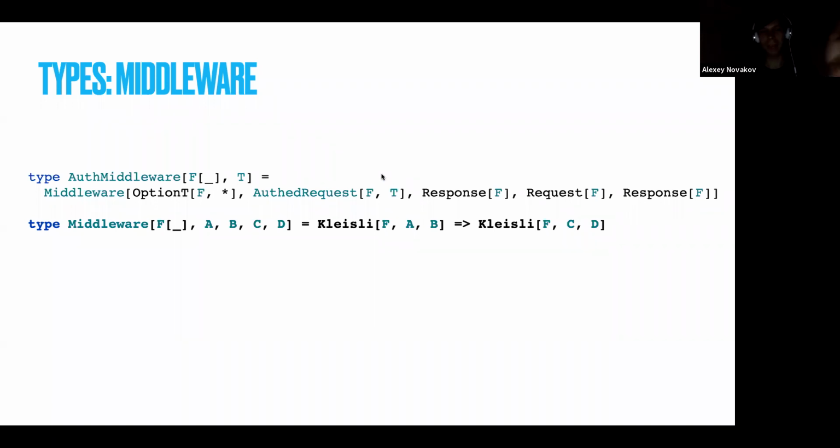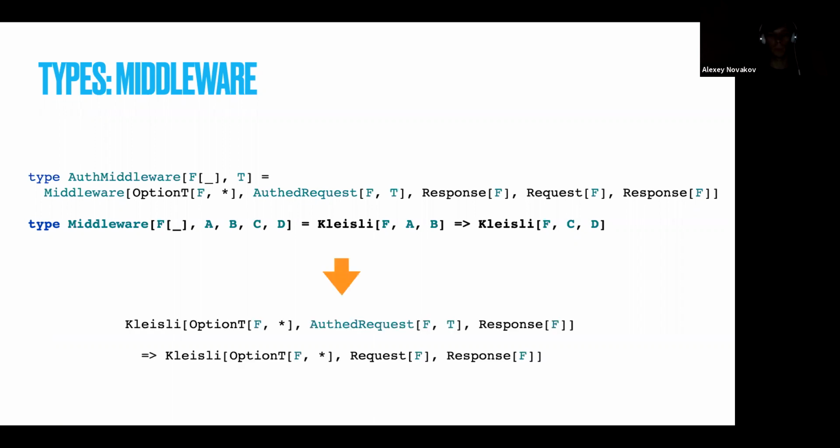It's a type alias finally for Kleisli to Kleisli. So this is like a function in, function out. So middleware, as you remember how we construct it, takes some routes and returns some routes back. And HTTP routes is a Kleisli, right? So that's the idea of middleware. You give some Kleisli in, and we return some new Kleisli, which will be upgraded with the business logic of the middleware.